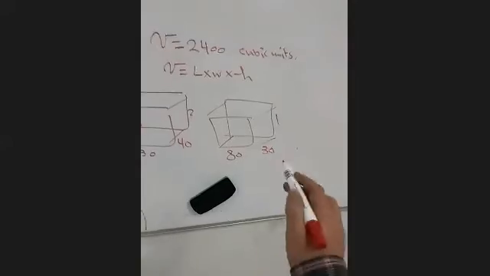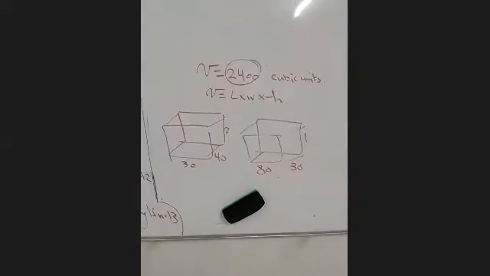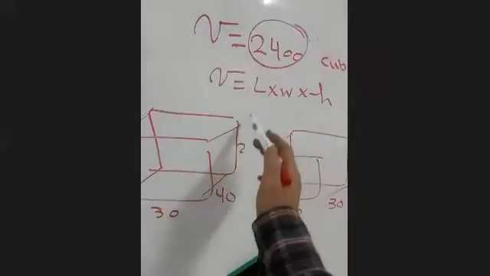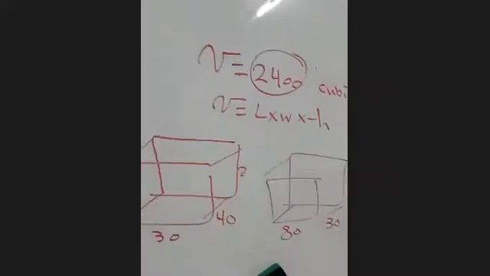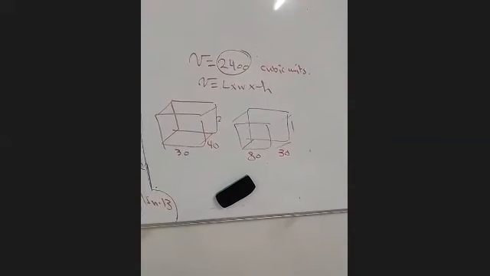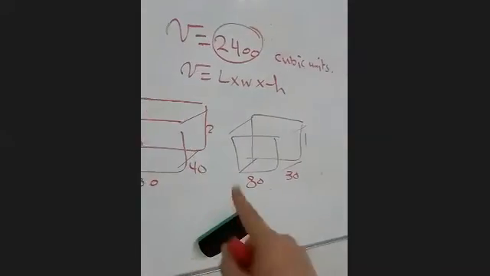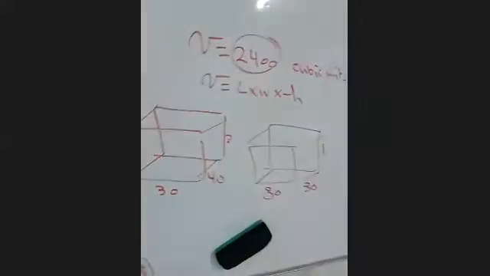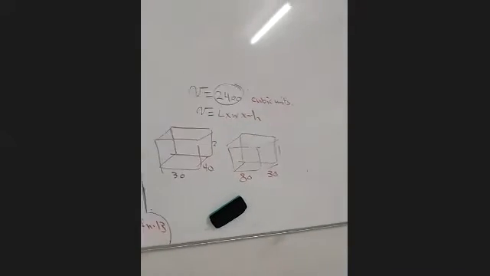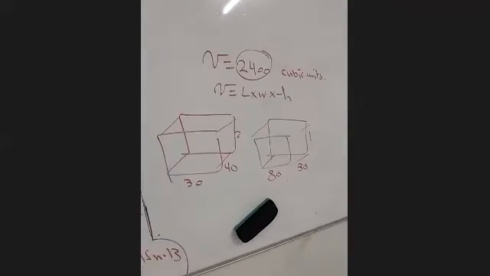If you multiply these three numbers, the answer is also 2,400. So I give you two prisms. If you multiply length, width, and height in both of them, the answer will be 2,400. Got it? Yes.